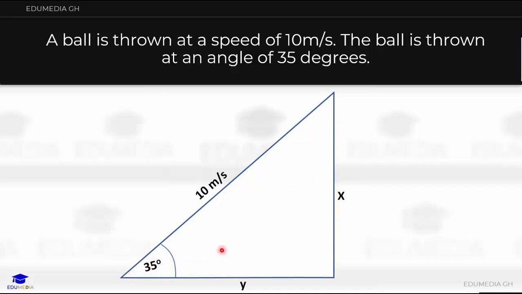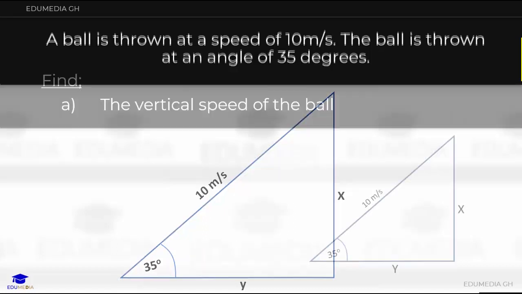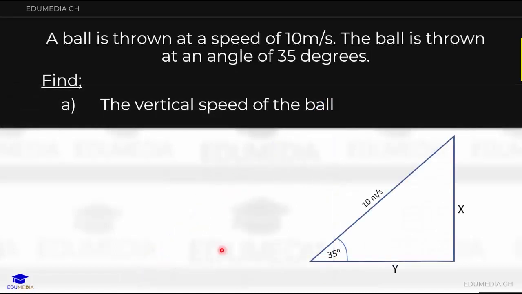Now we need to find out the vertical speed of the ball. From the figure that we have drawn, we have an angle, and then also we have a side. So this figure here represents a right angled triangle.